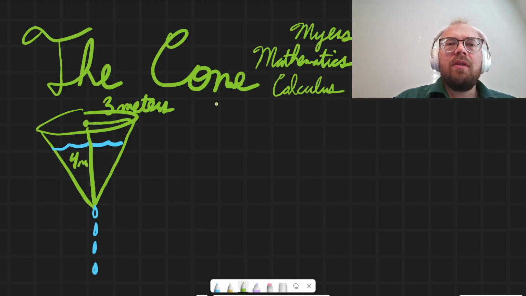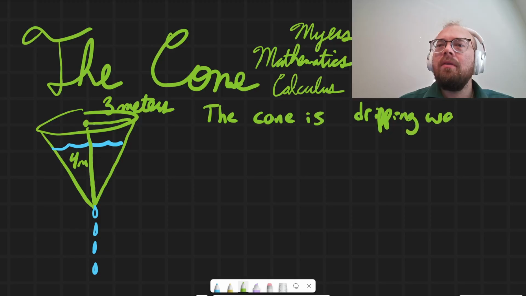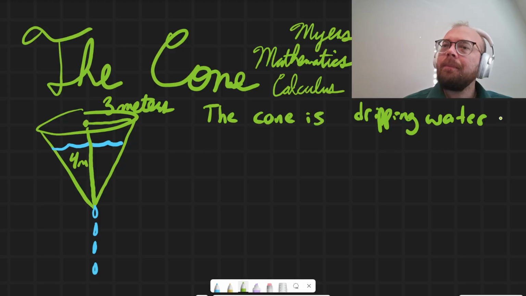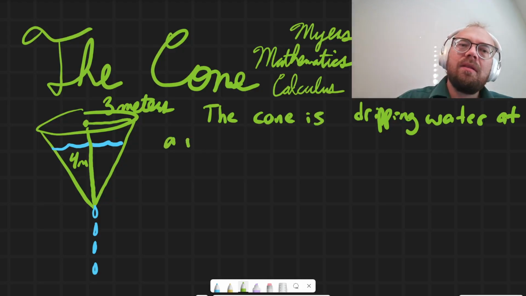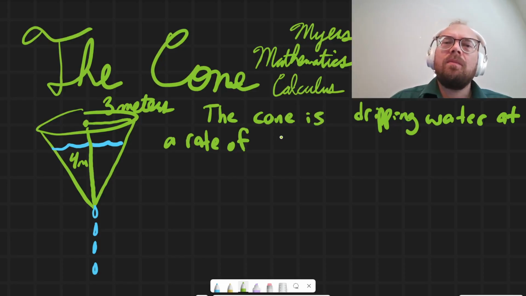And the cone is dripping water at a rate of, let's say, 1 meter cubed per minute.